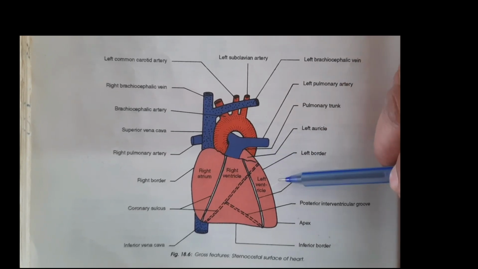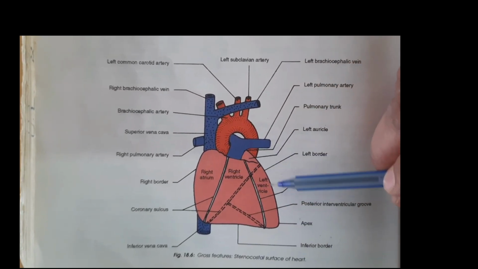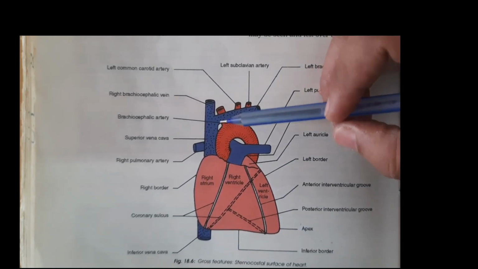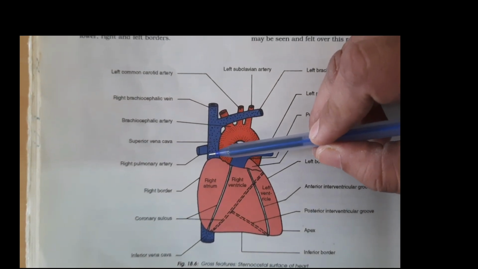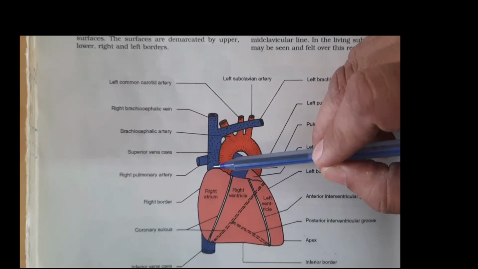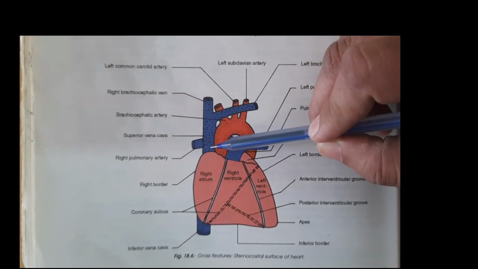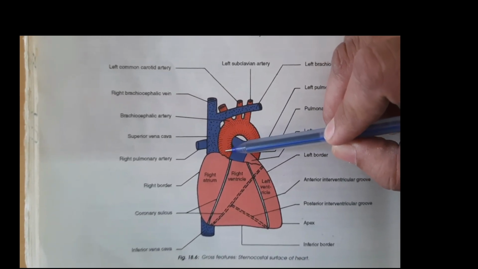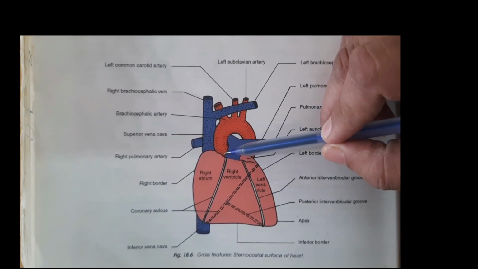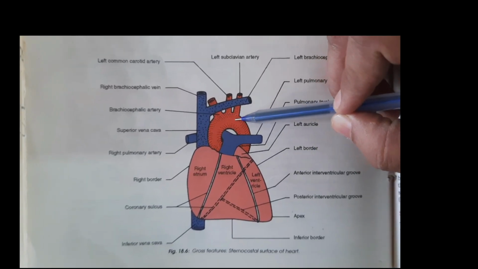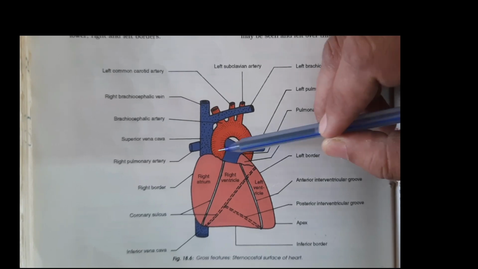Now, apart from these parts of the heart, we can see the great vessels. From right to left, first we see this vertical superior vena cava. Left to that we can see the aorta, that is the ascending aorta, arch of aorta, and then descending aorta.